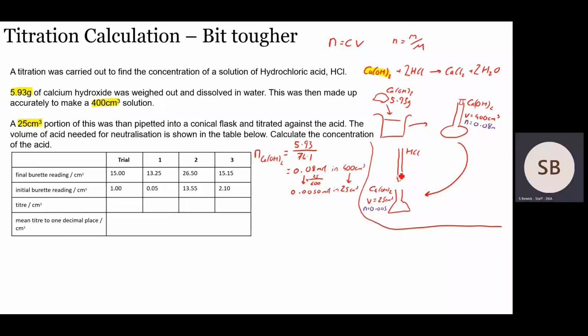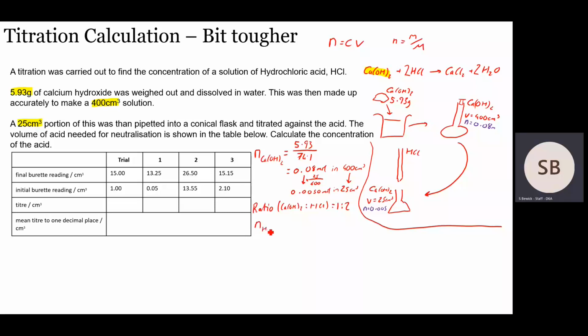And now we've got the moles at one side of this chemical reaction. So we can do the ratio of the calcium hydroxide, because that's the chemical we know the moles of, to HCl, because that's what we're trying to find out. And it's a 1:2 ratio, because we've got 1 mole of calcium hydroxide, 2 moles of HCl.